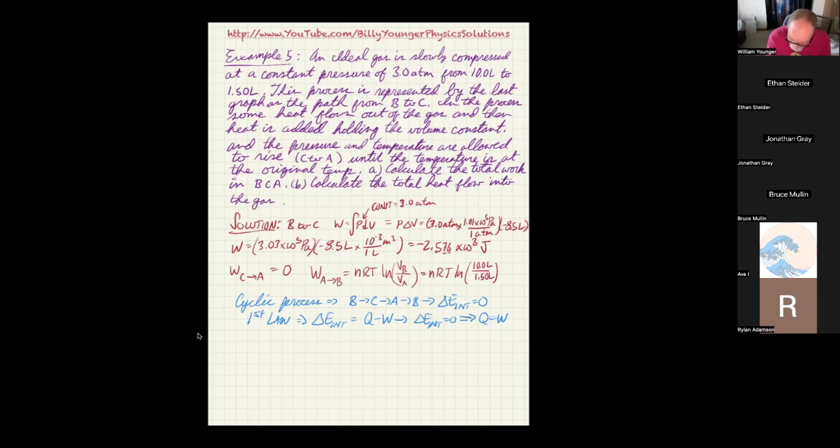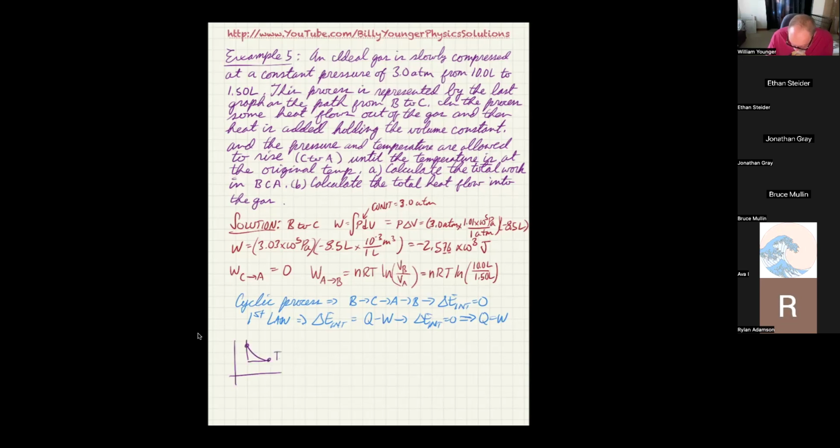Oh, okay. Well, wait a second. Since the temperature is the same at A and B. Now, remember our graph looked like this. I'm just going to quickly do a graph. We did like this, and then this, and then this.